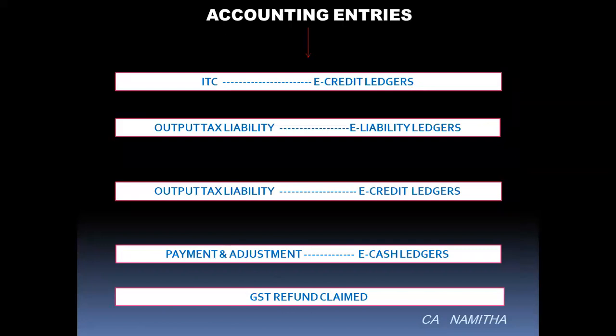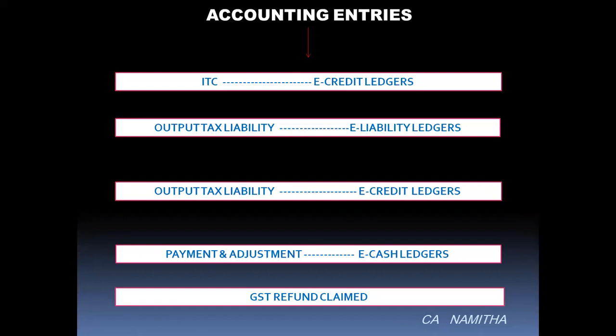Now let's move on to see the accounting treatment under control ledgers in books of account. It is broadly classified under 5 categories. First, accounting treatment for transfer of ITC, that is input tax credit, to e-credit ledgers at the end of the tax period.